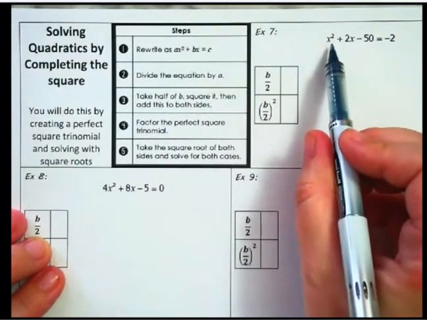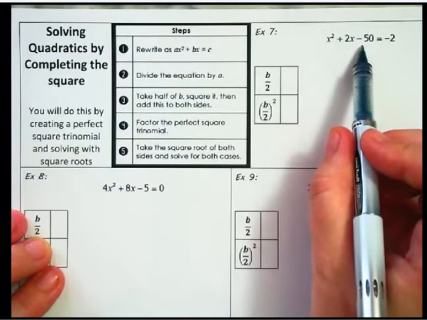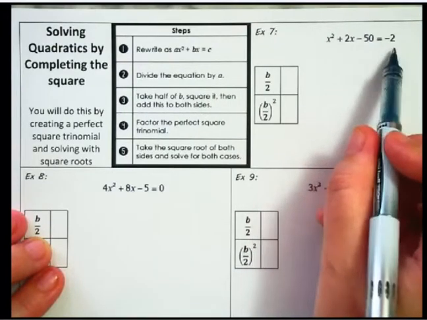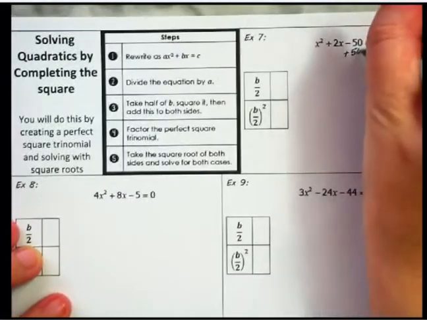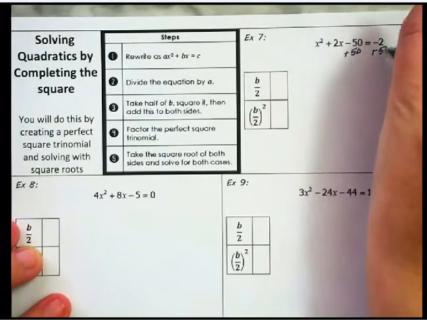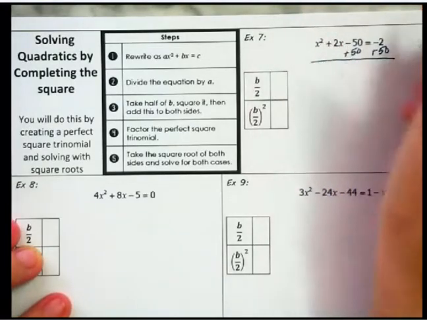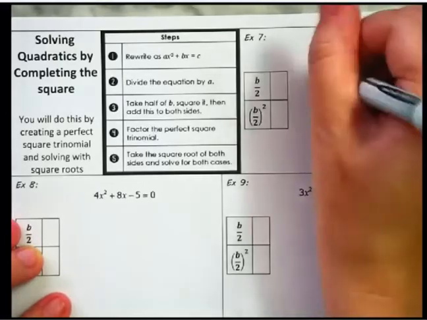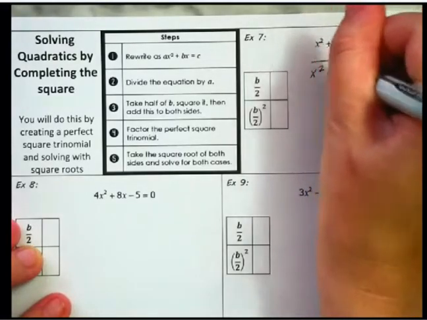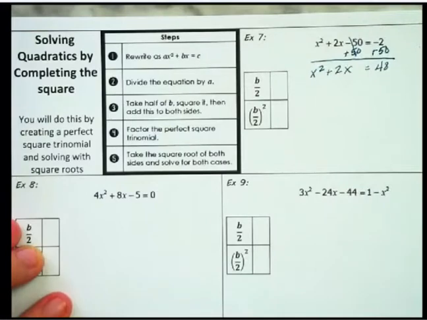So I have my x squared term and I have my x term. I need to move over any constant terms to the other side. So let's add 50. 50 minus 2 is 48. x squared plus 2x is what I have left.